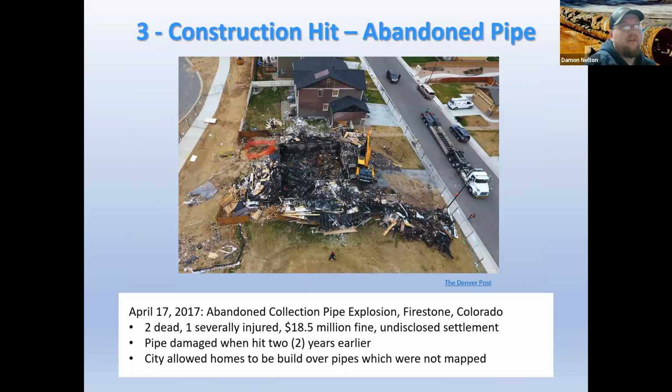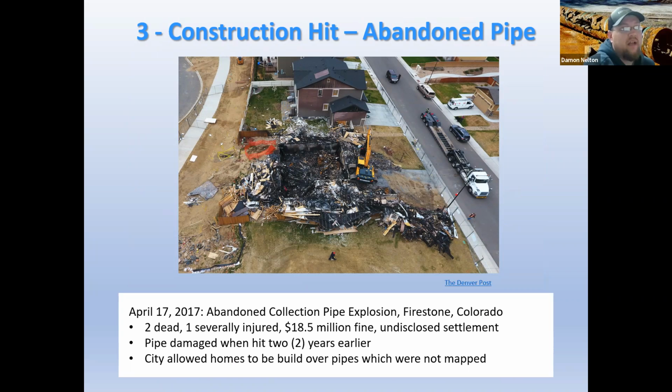And number 3, we have construction hits on abandoned pipe. This example here in 2017, 2 men were killed and a woman was seriously injured, from a gas leaking from a damaged, abandoned natural gas collection line that blew up in Colorado.